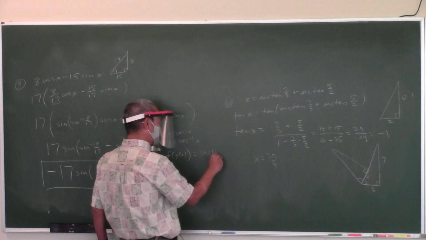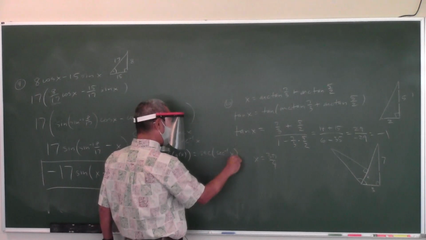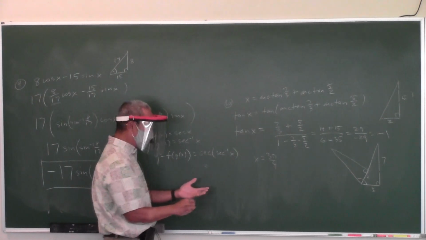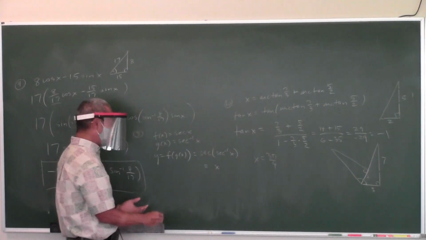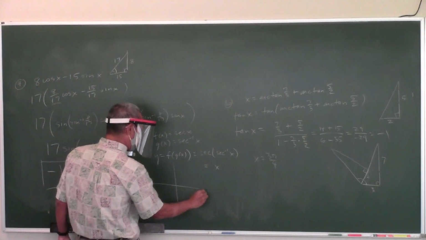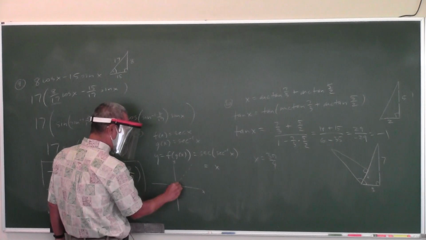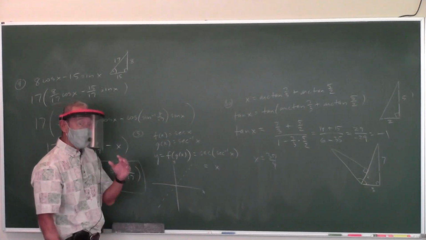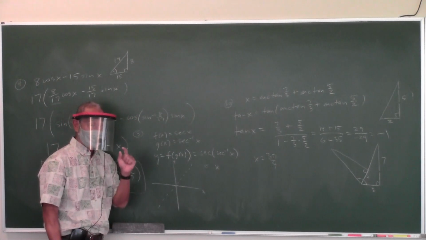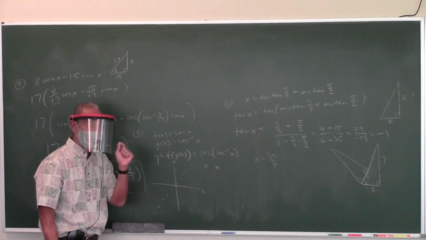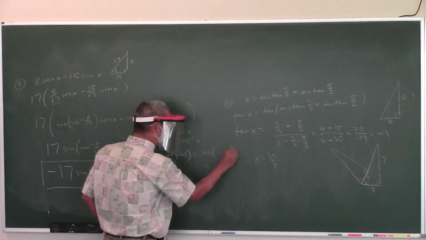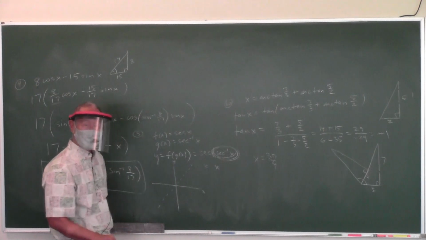You get secant of secant inverse x, which we know is x. So how do you graph y equal x? Isn't it like this? Yeah, but again, for the 3rd time, you gotta look at the domain of the inner function. This is the inner function. What is the domain of that?